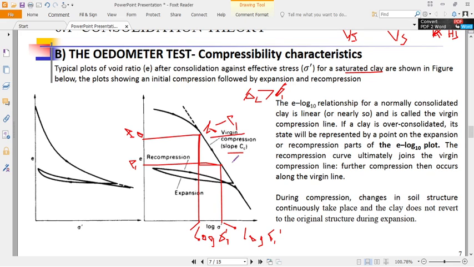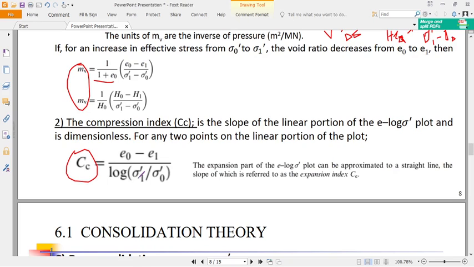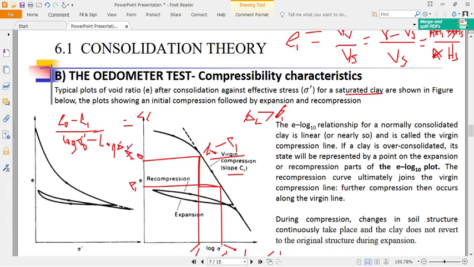Is that okay? So in the end you come up with e naught, e1 as you maintained it. When this is 1, this is naught. This is effective stress less than this effective stress. This is after increment of the load.